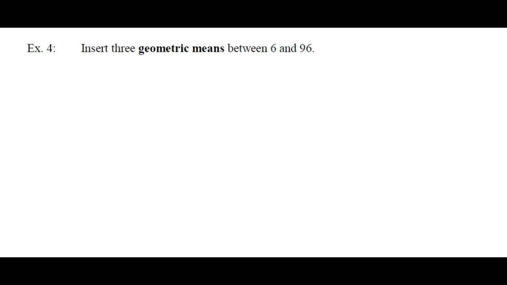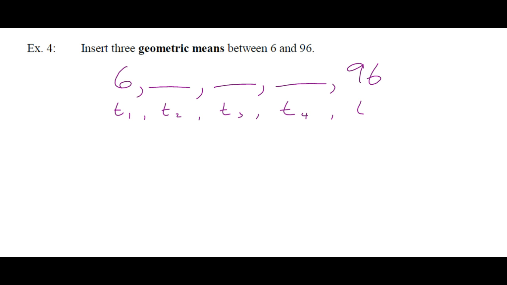Insert 3 geometric means between 6 and 96. 1, 2, 3, and 96. So this is a very minor extension of what we just did, right? We got T1. This is T2. This is T3. This is T4.